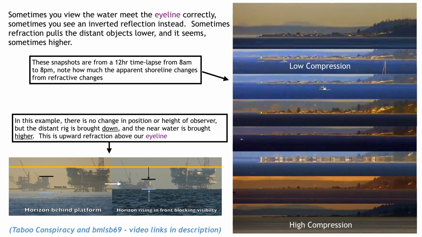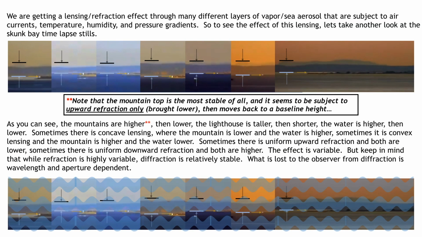And then below we have some oil rigs that were filmed, and you can see again that the distant rig has been brought lower down in comparison to the more close by rig. And by correlation, the water does appear to be brought higher, but again, you can see that multiple times within the time lapse, as the water does tend to move up and down based on the turbulence of the water and any number of effects.